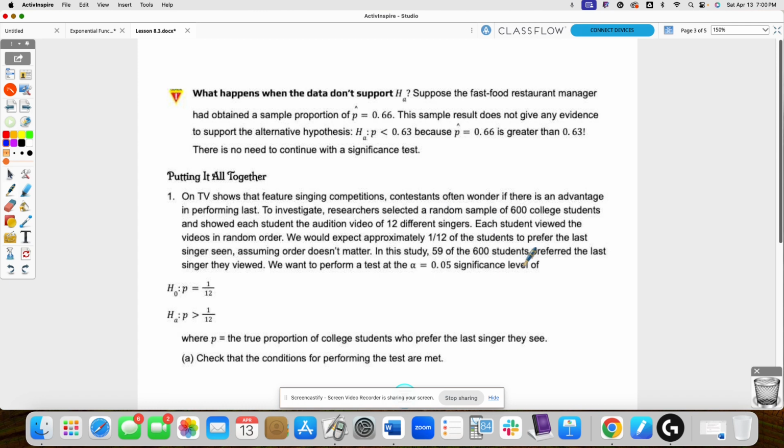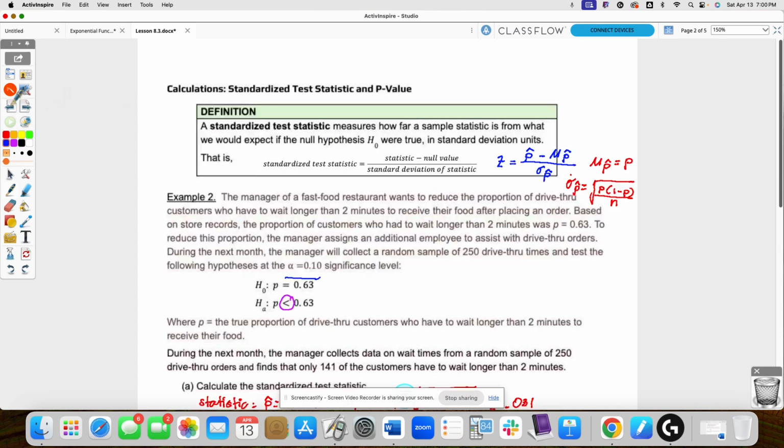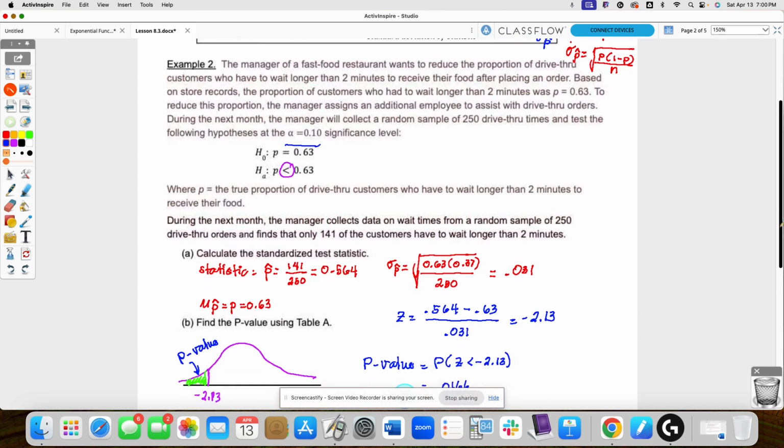Now, what happens when the data don't support the HA? Okay. Supposing your HA in this particular case is that the proportion is less than 0.63, right? Now, it just so happened that the calculated p hat here is 0.564, which is less than 0.63.